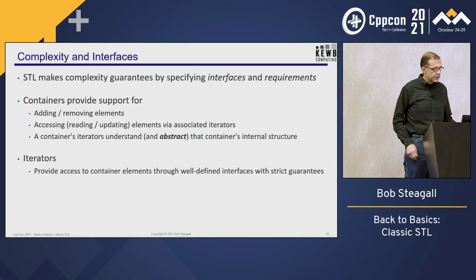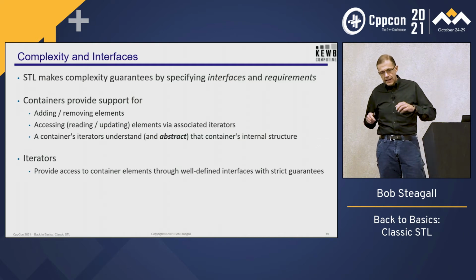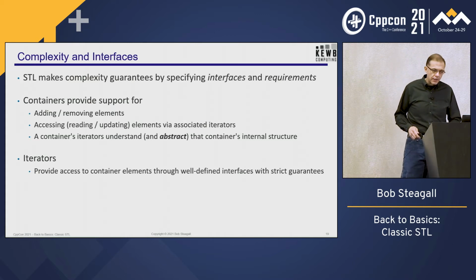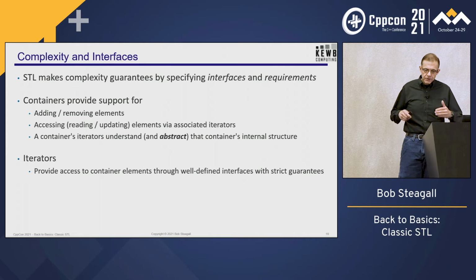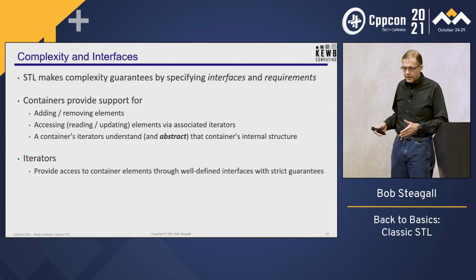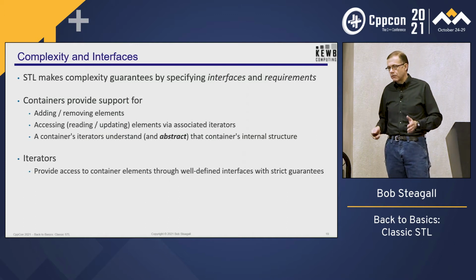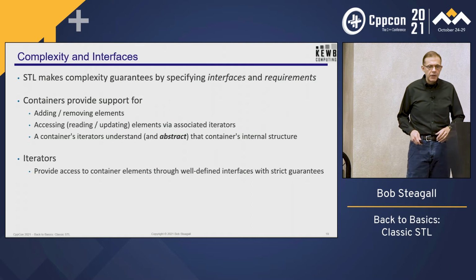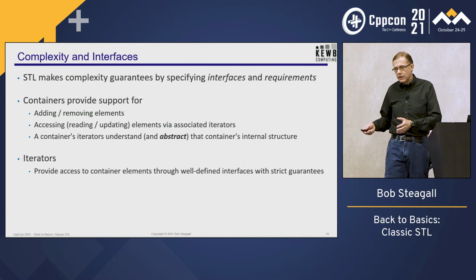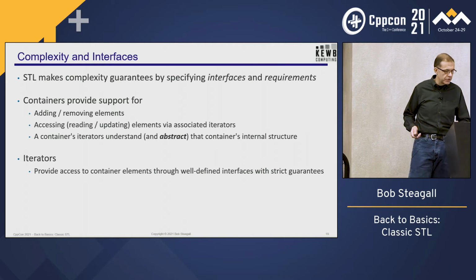And as I said in the previous slide, iterators provide access to a container's elements, and they do that using a well-defined interface, such that containers or algorithms don't need to know specifically what the iterators are. They can be written in terms of generic iterators. All of the algorithms are, for the most part, function templates, and they're parameterized in terms of the iterators, which are used in their arguments when you call them. Not specific iterator types, but generic iterator types.